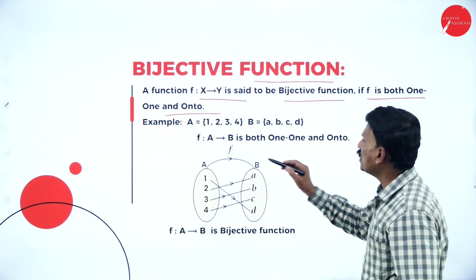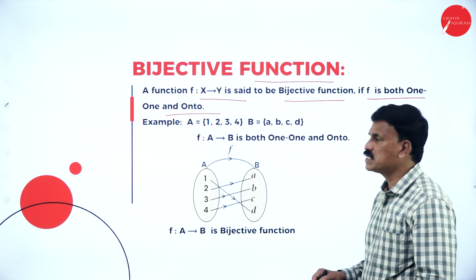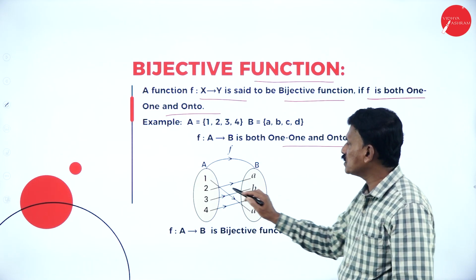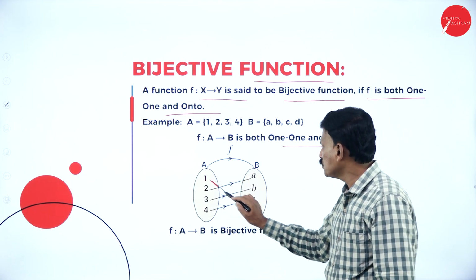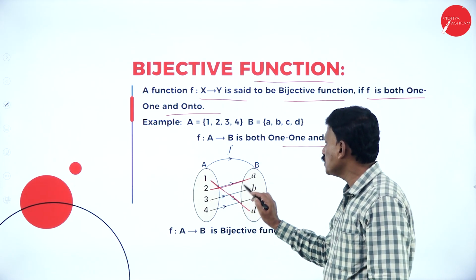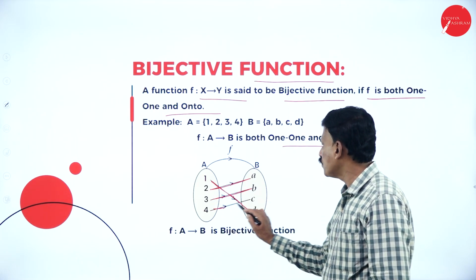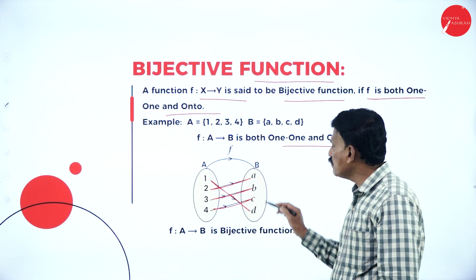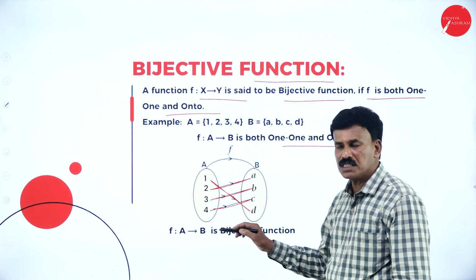If A is equal to {1, 2, 3, 4}, B is equal to {a, b, c, d}, then f from A to B is both one-one and onto. So let us map 1 to d, 2 to a, 3 to b and 4 to c. So there is a one-one mapping, as well as all the elements of B have images.